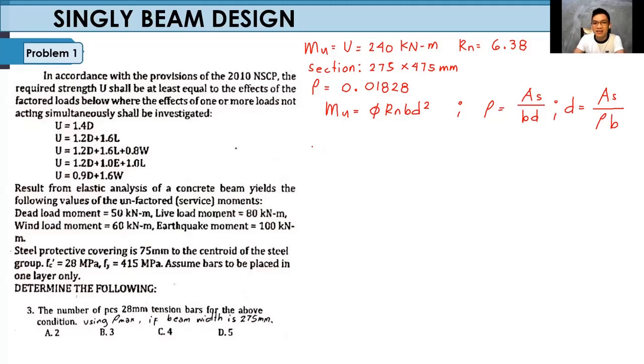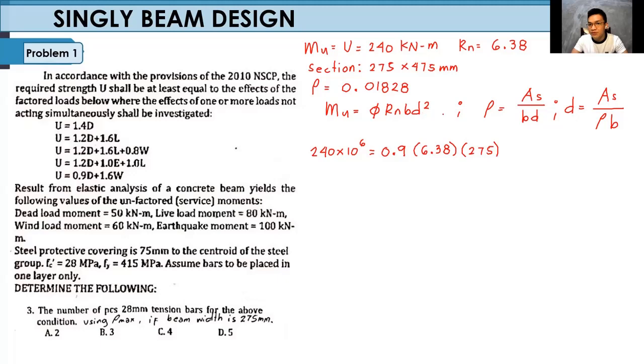So, lagay natin dito 240 multiplied by 10 to the power of 6 kasi kilonewton meter. We need a Newton millimeter na result. Then, yung ating phi, which is 0.9. Rn natin is 6.38. Diba? Then, b natin, which is 275.